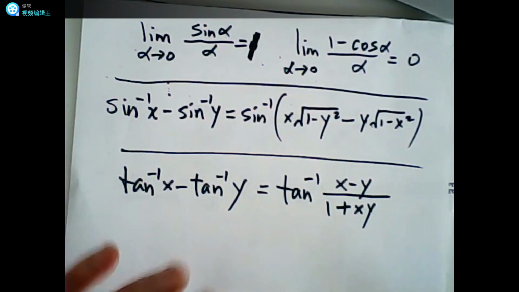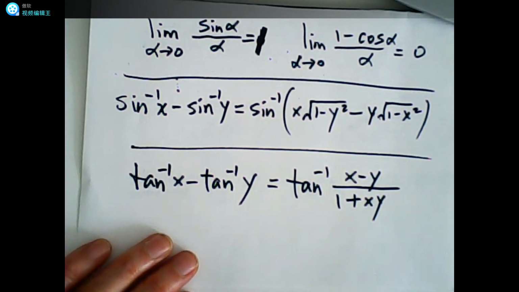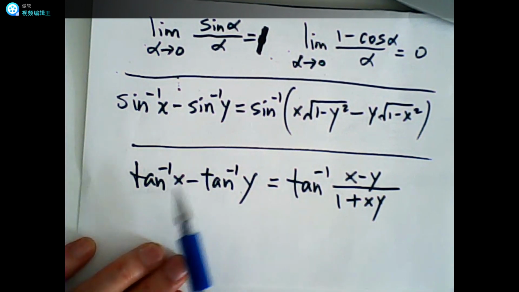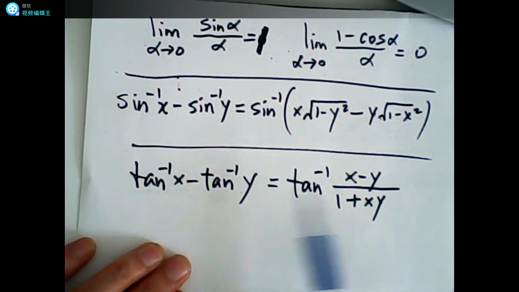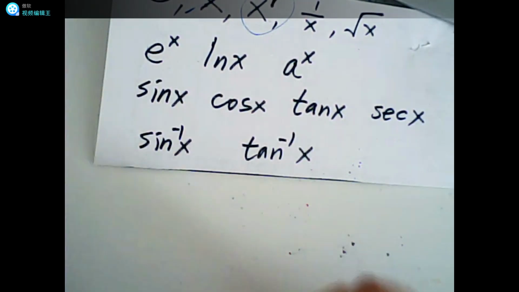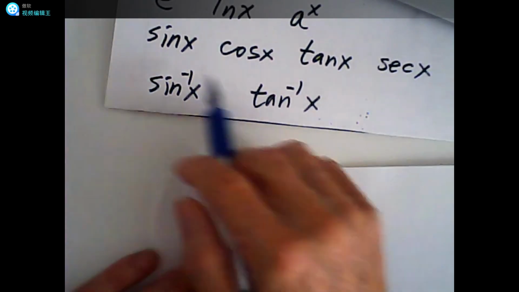Well, we have to use the formula to get the derivative, and arctangent x minus arctangent y is equal to this. All right, now we can start. We are looking for derivatives.